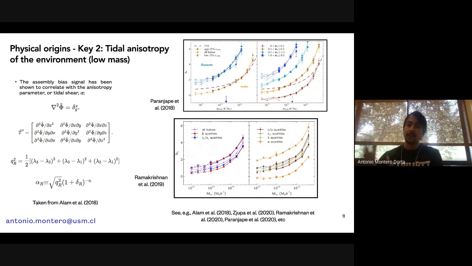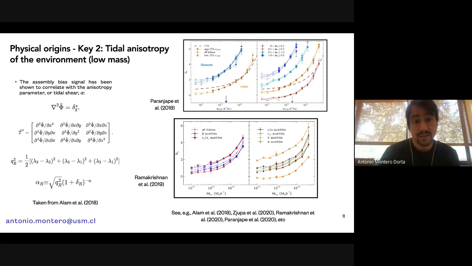At the high mass end, the signal for assembly bias is not too strong. But what people have done is measure this alpha parameter, which describes the tidal shear, or the anisotropy parameter.